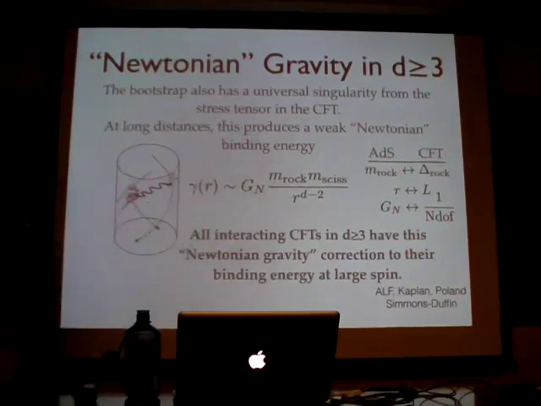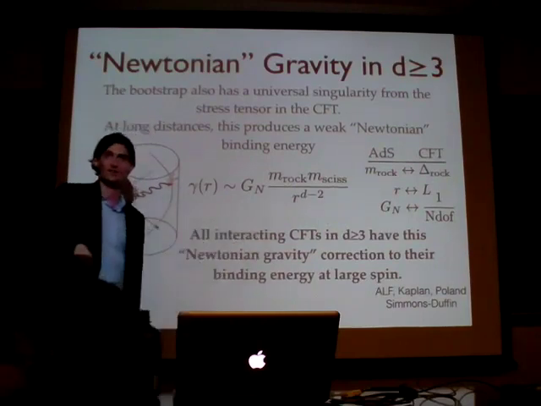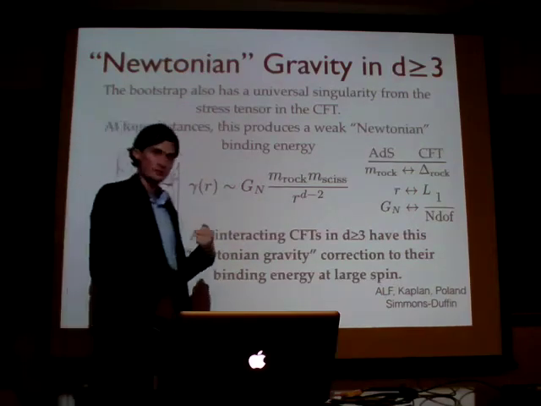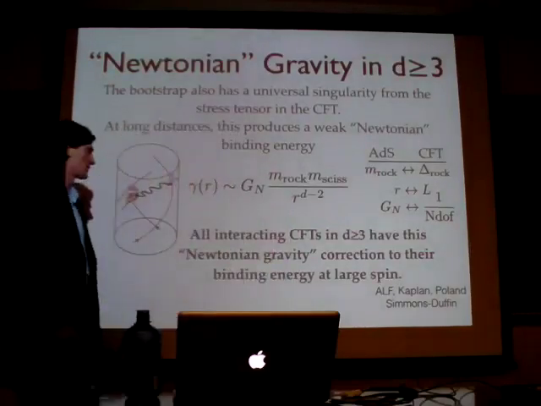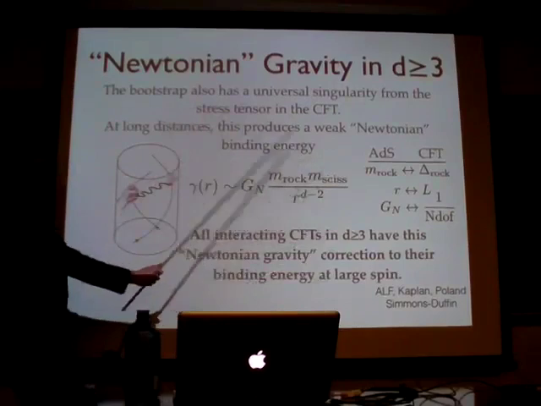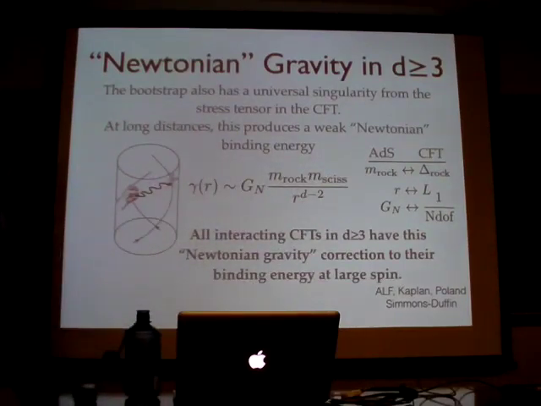In order to see that this is present, you need to be able to say that this singularity strictly dominates over other things. To make that happen, you need one fairly mild assumption, which is that the CFT has to have some interaction. It can be very small, but it has to be some non-zero interaction. Once that's true, you find that this is universally present.